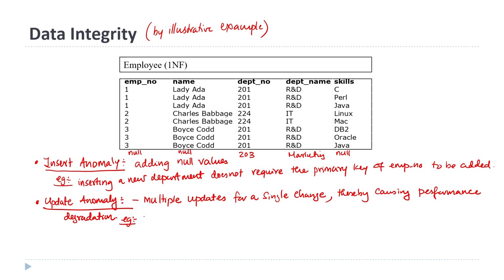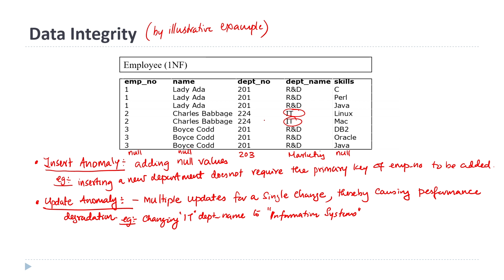Changing the IT department name to information systems department. Assume that we change the IT department name, IT to information systems. Somebody decided to change the name of the department. So, what do you do? You end up going here, you change this and you have to change this.